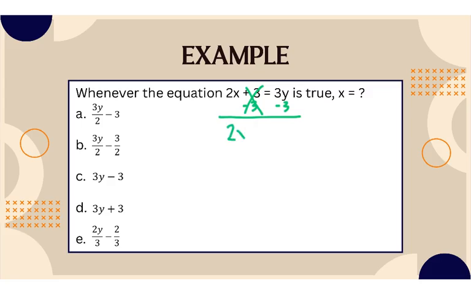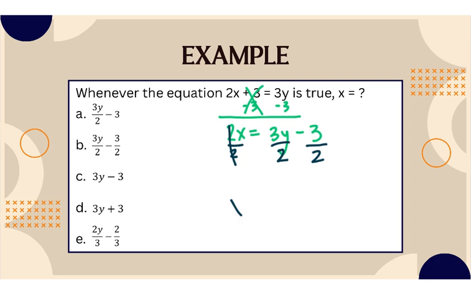We're left with 2x on this side equals, again, the order doesn't matter, but looking at my answers over here, it looks like this y value comes first. So I'm going to do 3y first, and then minus the 3. Then we're going to divide by 2. Again, you divide the whole thing by 2, but if you prefer to write it and just do each individual part and divide it by 2, that's great as well.